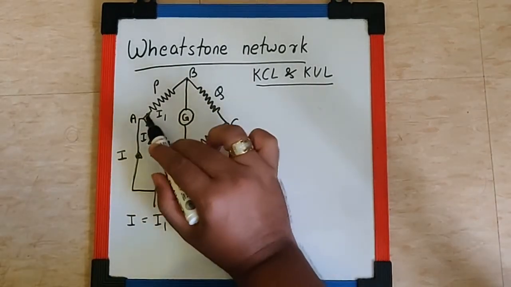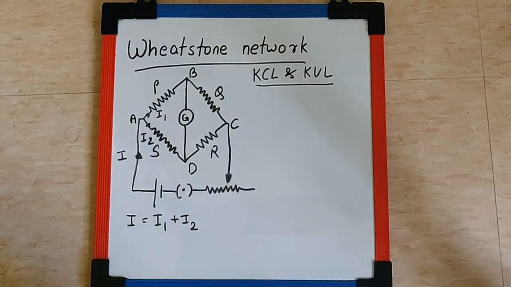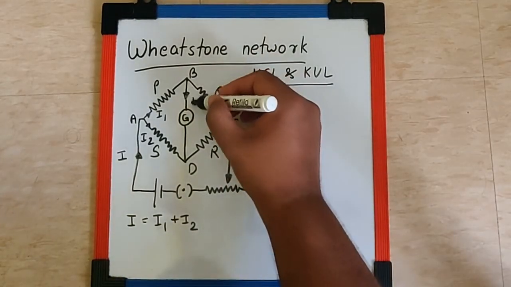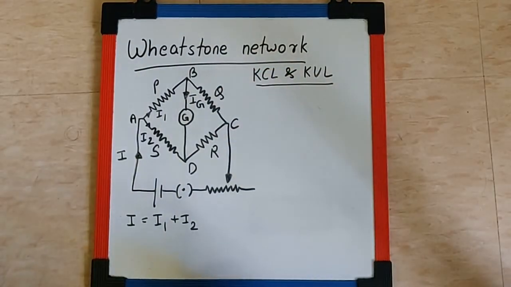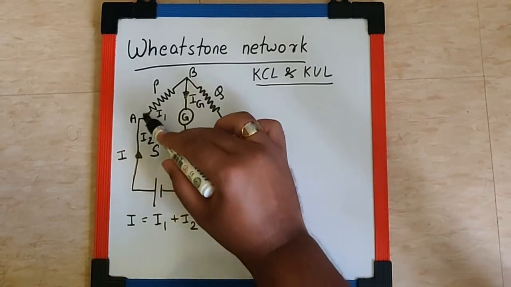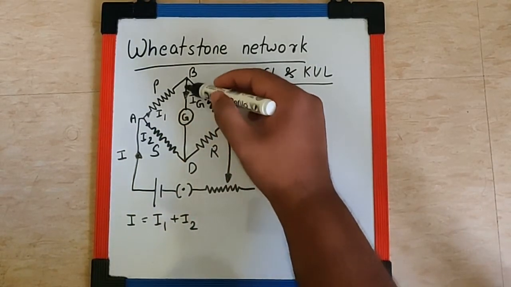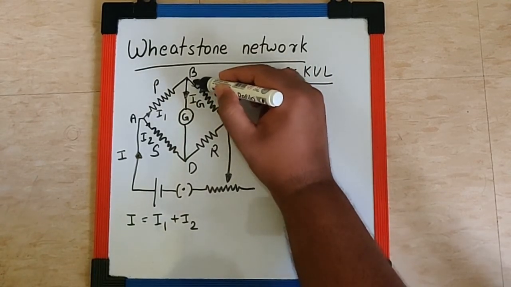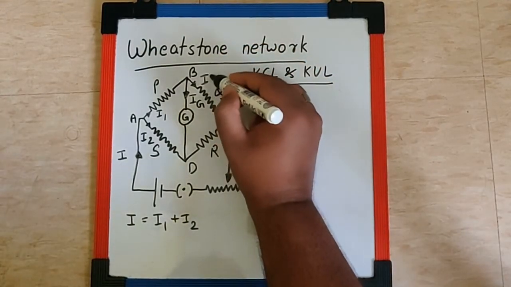Further, let's assume that there is a current flowing in the galvanometer from B to D, in this direction, and let's call the current IG. So at junction B, from the incoming current I, IG goes as an outgoing current. Then the remaining current will go from B to C as I minus IG.